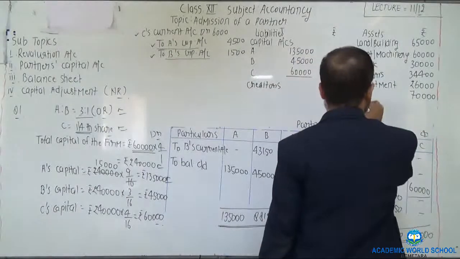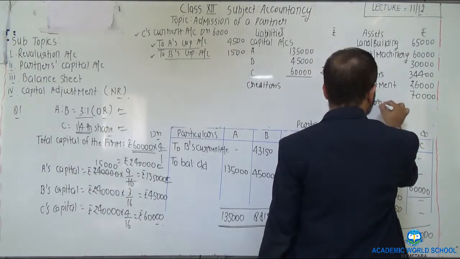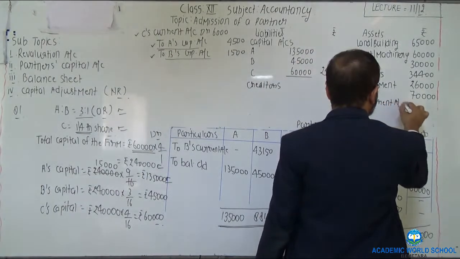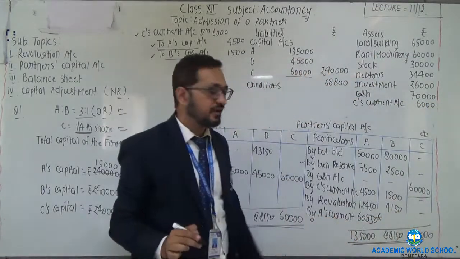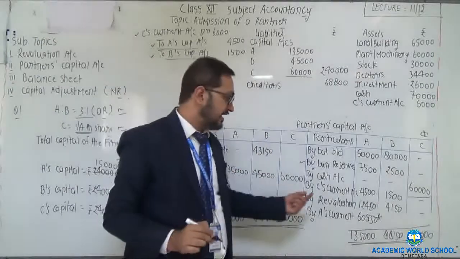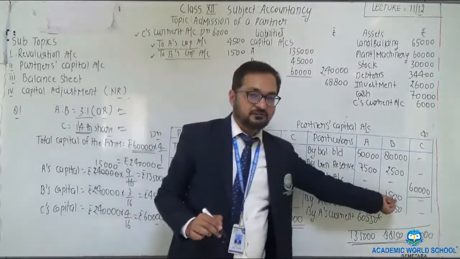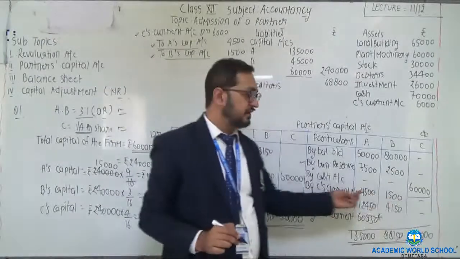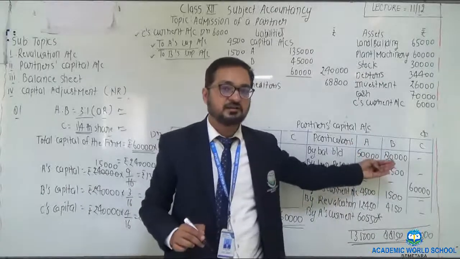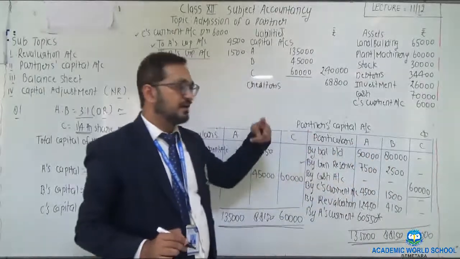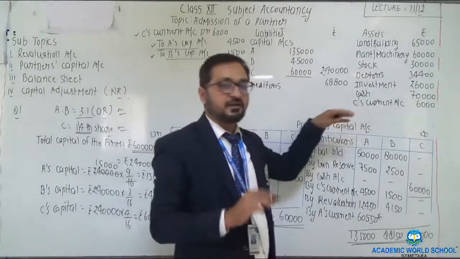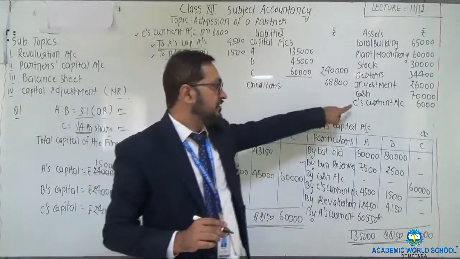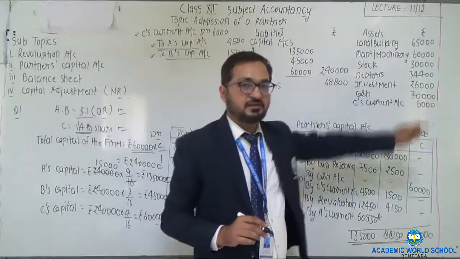So this debit is to be placed on the asset side by writing C's current account, amount 6,000. At one place it is credited 4,500 and 1,500, total 6,000. It is placed on the credit side in the solution. So the second effect would be on the debit side in the solution itself to satisfy double entry bookkeeping. C's current account 6,000. Clear?